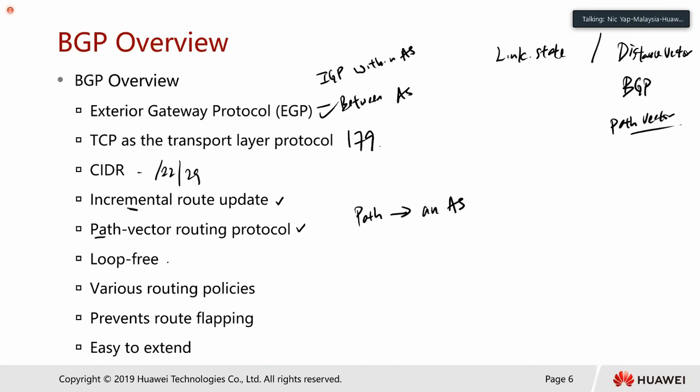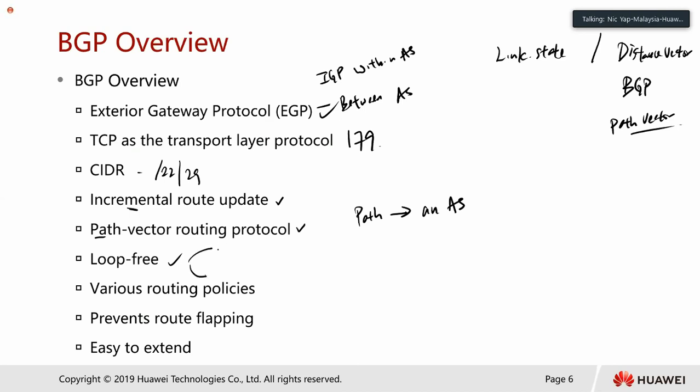Loop free. So how does BGP provide a loop-free environment? Do you still remember what you learned from your HCIP? How do they provide a loop-free environment in BGP? In loop prevention, they need to consider two things.